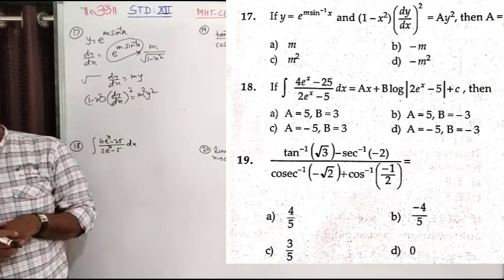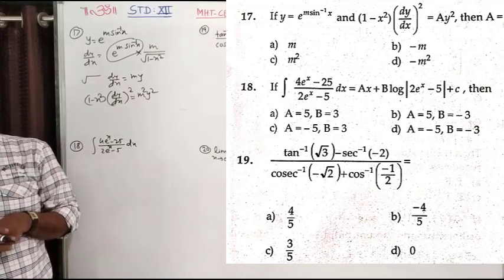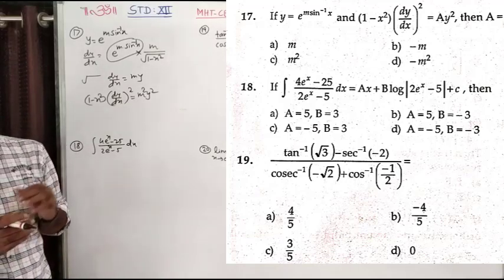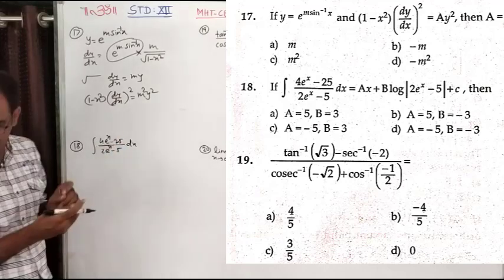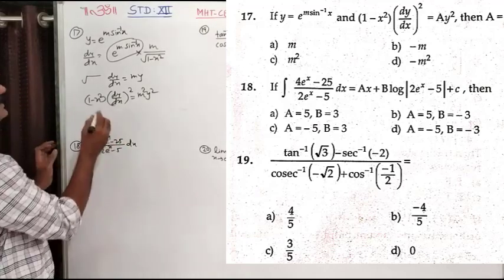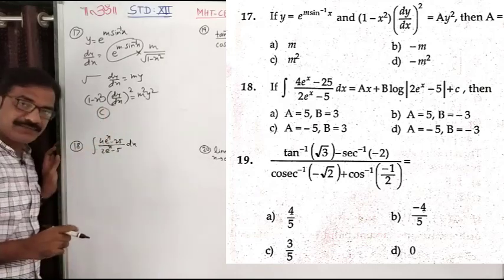What is your question? What is A? A is m square. So your option is C for this.